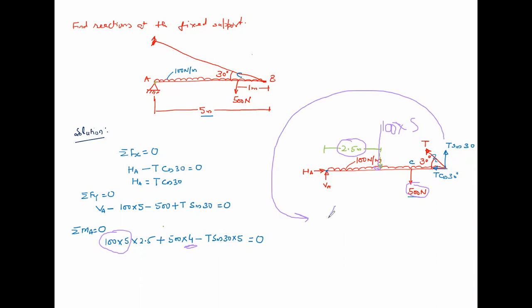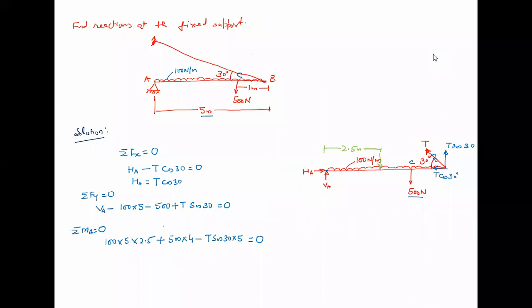And what is this distance? This distance is 5 meter long. So T sine 30 into 5, and overall the algebraic summation of moments must be equal to 0. It will give you the value of T, and once you get this value of T, you can put it in the second equation to get VA, and if you put it in the first equation, you will get HA.